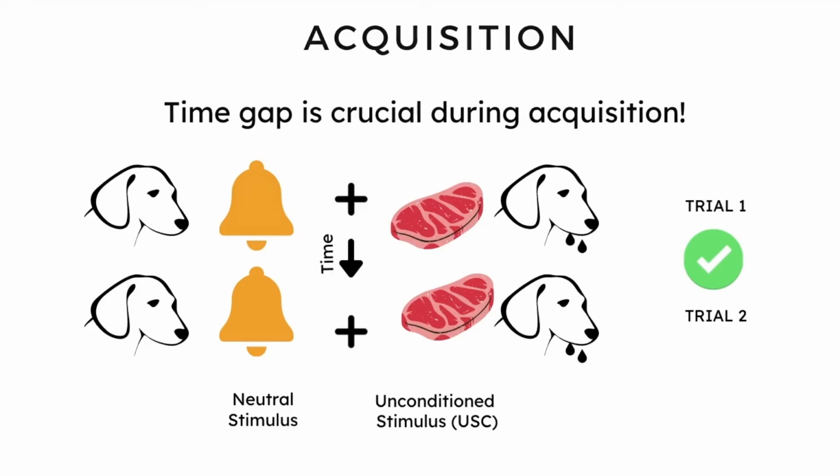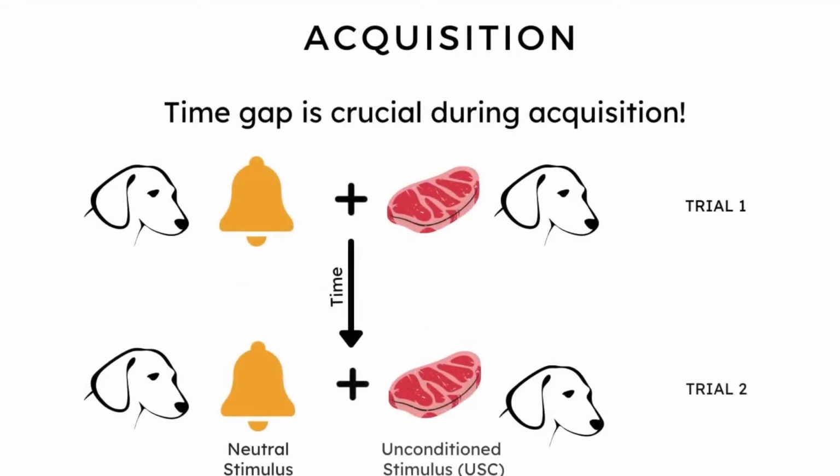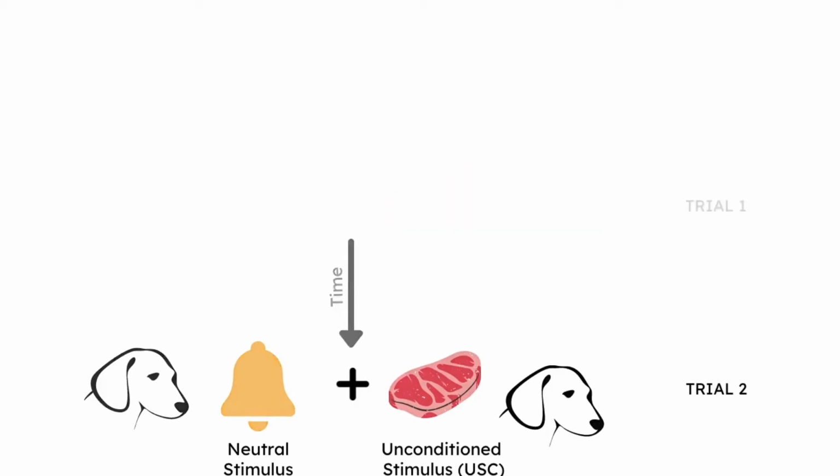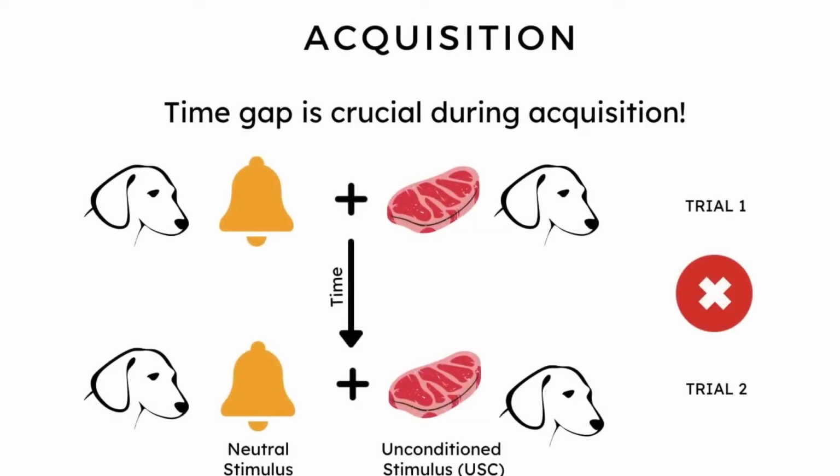On the other hand, having a longer time delay makes it difficult for the animal to establish the relationship between the events. If the next trial is presented at a much longer delay, then there will be no acquisition of the stimulus-response mappings, which will result in no conditioning taking place.